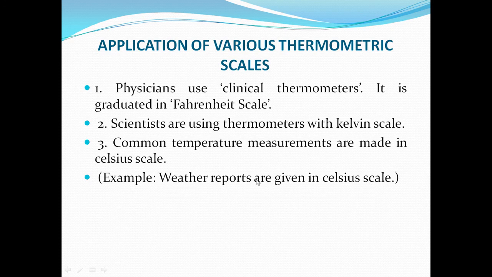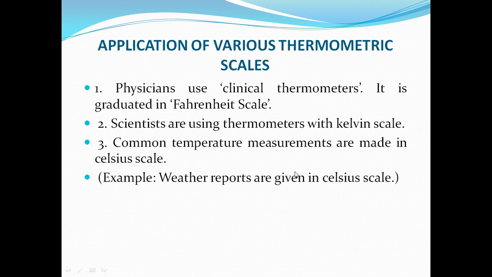This is an application of various thermometric scales. Clinical thermometers use the Fahrenheit scale. Thermometers used by scientists or laboratories use the Kelvin scale. Common temperature measurements and weather reports use the Celsius scale. These are the applications of various thermometric scales.